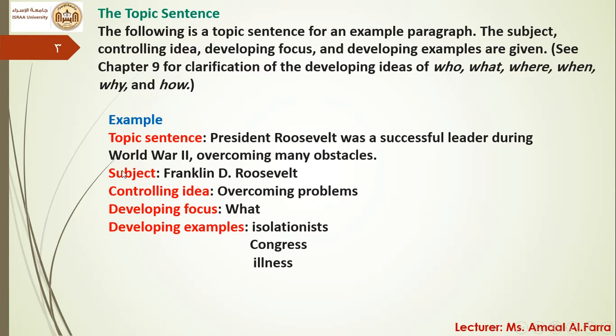So you have to always be careful about the topic sentence, how we write it. When I give a homework, you have to be careful to mention the topic sentence with its two parts, the subject and the controlling idea. You have to limit what is the subject, and you have to be specific to tell me what is the controlling idea.